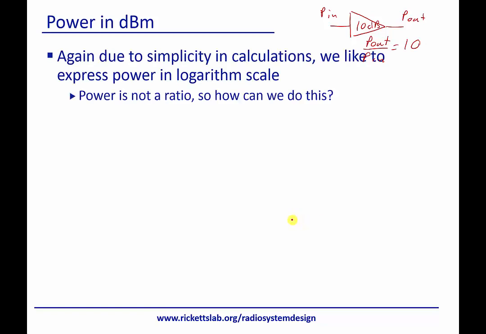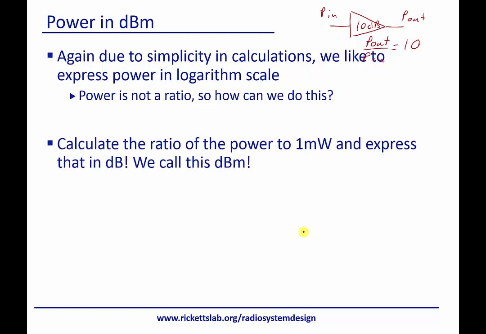I'll just skip through here. By defining a reference point. So for Celsius, we say water is a reference point. And for dBm, we simply use 1 milliwatt as our reference point. And so what this means is that we basically say, what is the ratio of P out to 1 milliwatt, and that would give us dBm. Okay, so just as an example, 998 milliwatts.